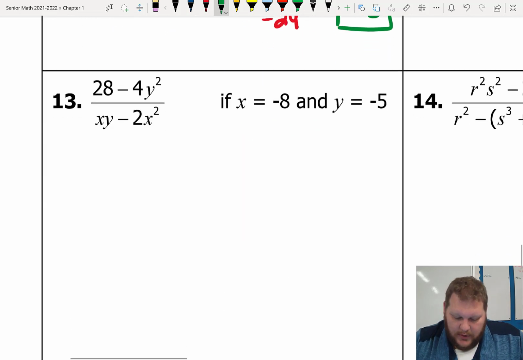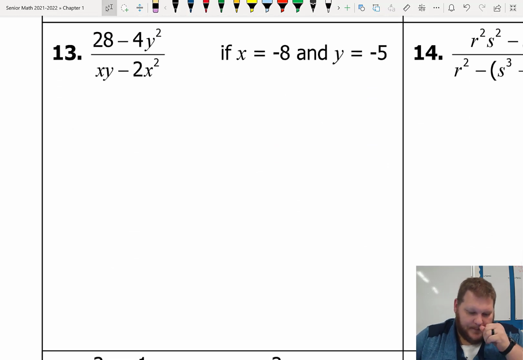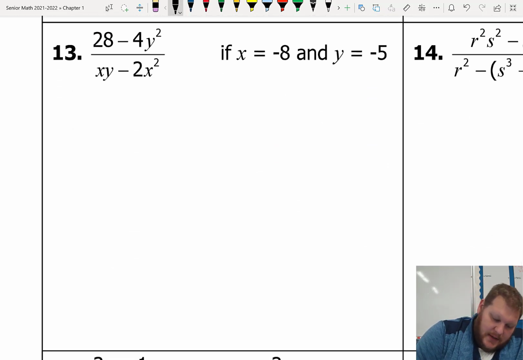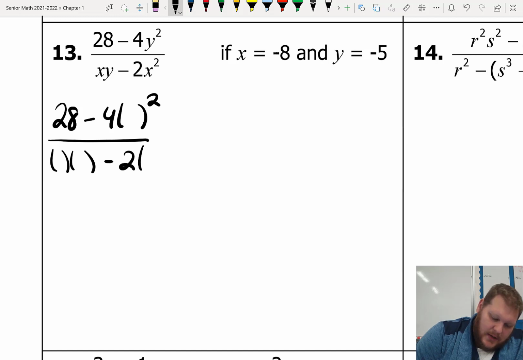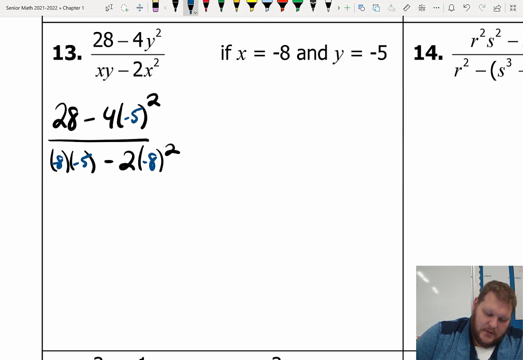All right, 2 more. We're getting close. All right, so we've got 28 minus 4y squared over xy minus 2x squared. And then this one, x is negative 8, y is negative 5. So we can start with all of our exponent stuff.